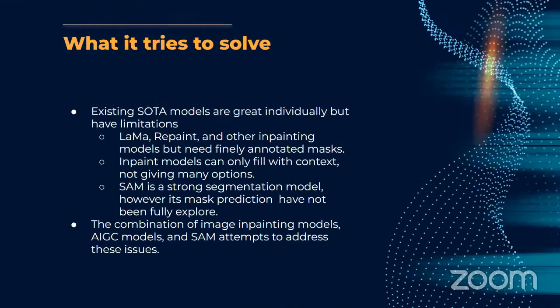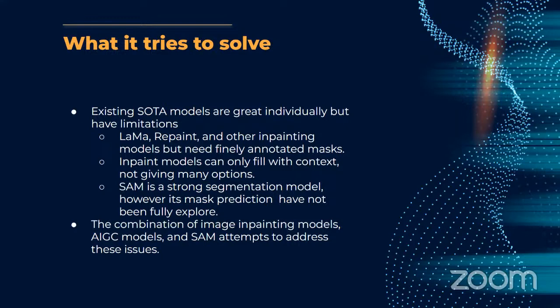Let's move on to the next slide to discuss the need for Inpaint Anything and the issues that it addresses. State-of-the-art image inpainting models perform well, successfully inpainting large regions with complex structures at a pretty decent resolution. However, these models require fine annotations for each mask, which can become a limiting factor.